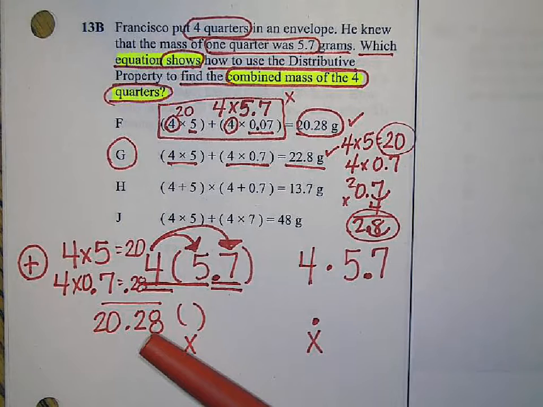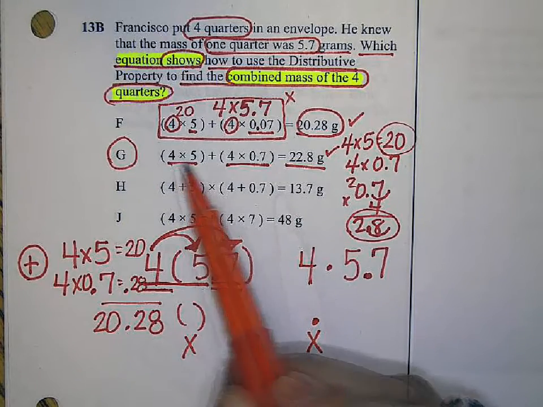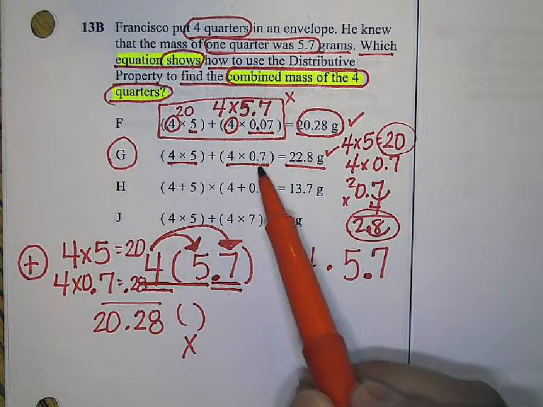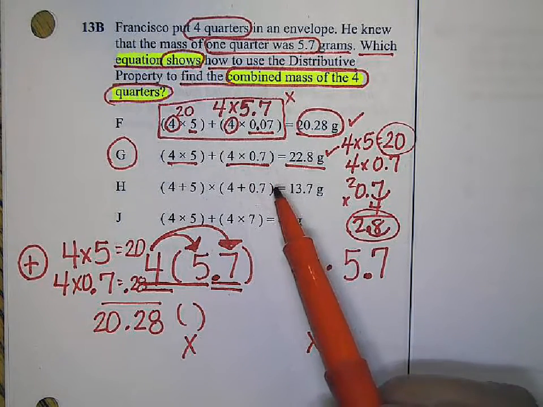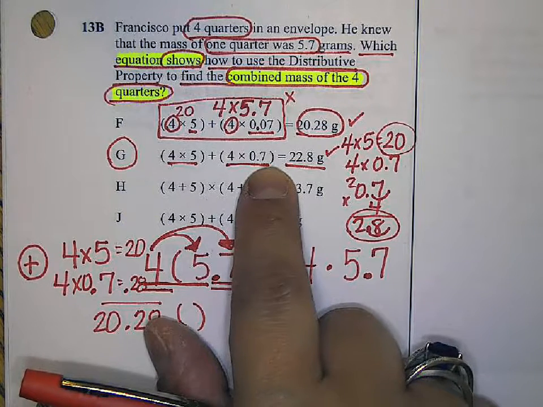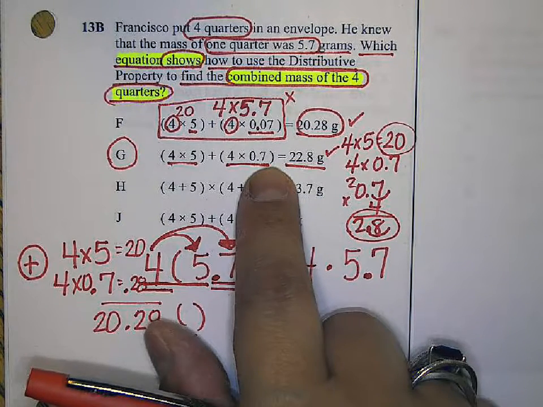Because that's what I had the other group do. They did 4 times 5, 20. 4 times 0.7, well, they know that 4 times 7 was 28. So where the 7 was, they just put 0.28. But that's not the case, is it?